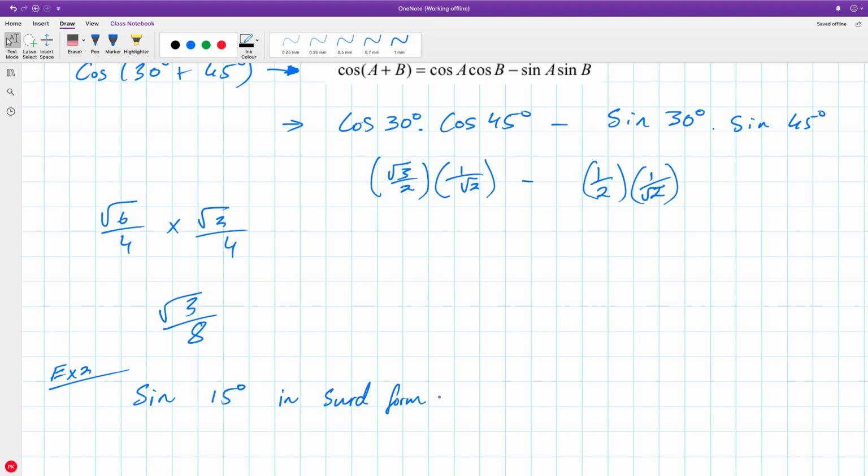So what two angles are we going to use to make 15? 45 minus 30, is it? So like 45 minus 30.